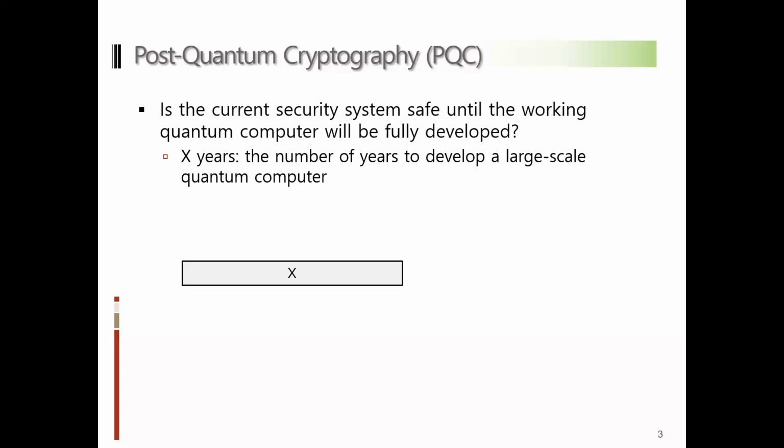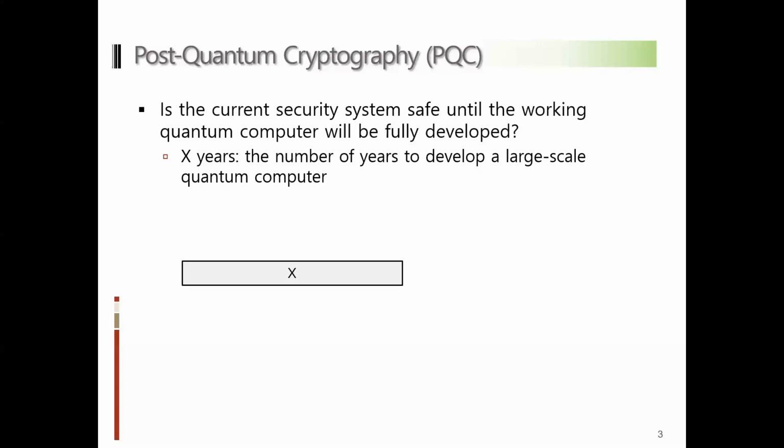For example, the RSA key length of a typical secure key is on the order of 2048 or even more than 4,000.